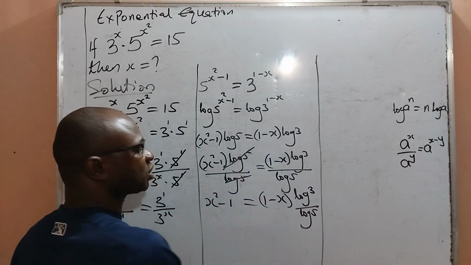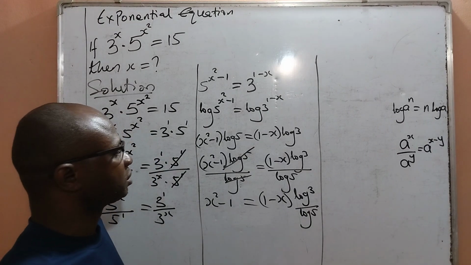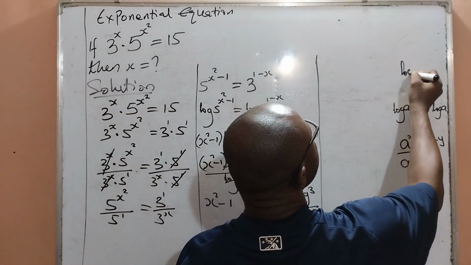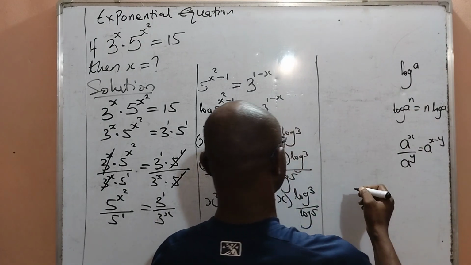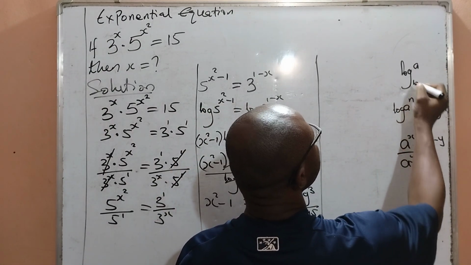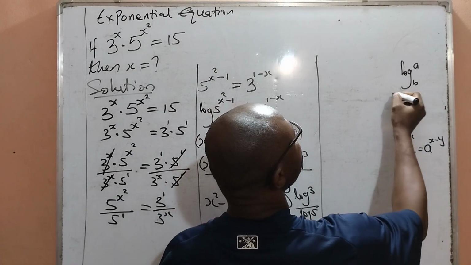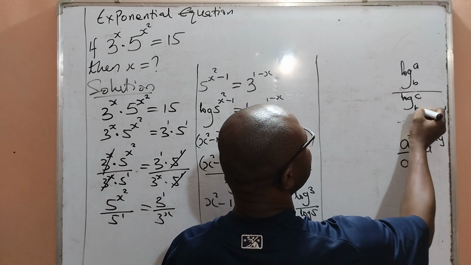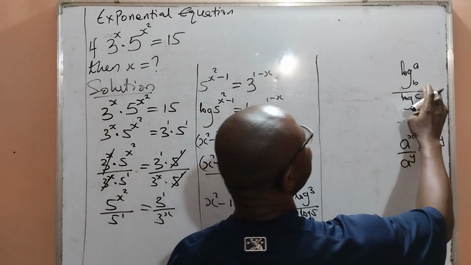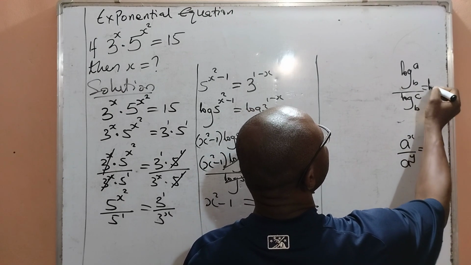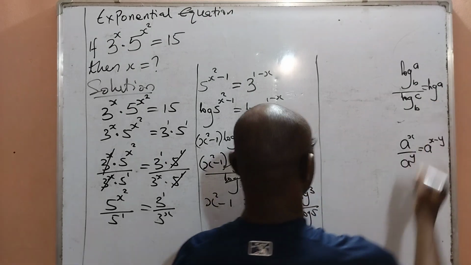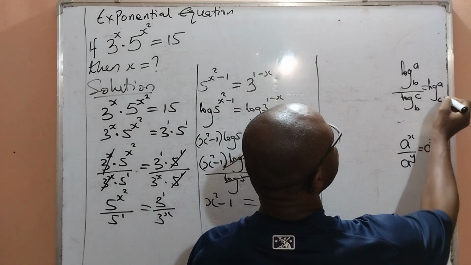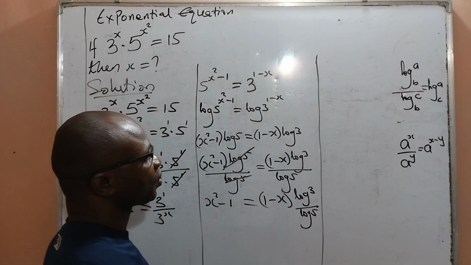But by what we call change of base in laws of logarithms, if I have the log of A to base B divided by the log of C to base B, this is the same thing as the logarithm of A to base C. What does it mean?